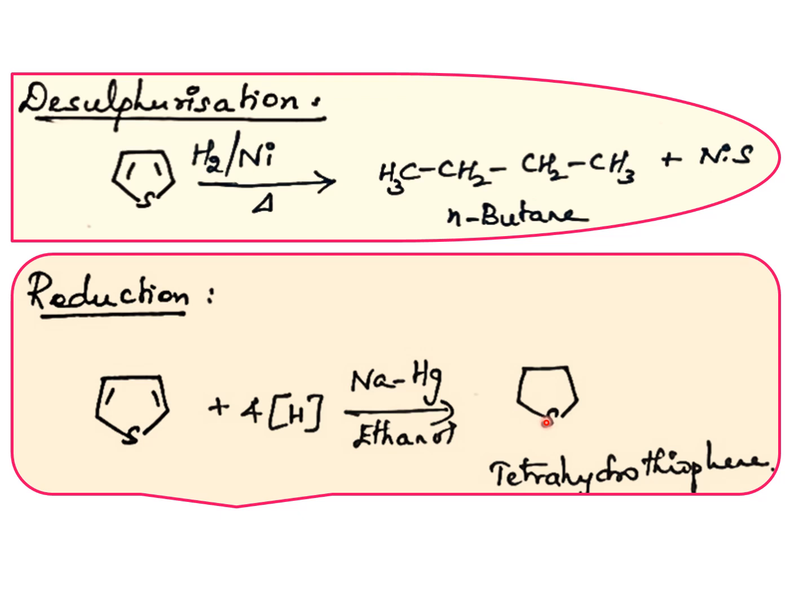In furan, we had seen that furan is reduced to tetrahydrofuran, which can be used as a solvent for various organic conversions. Similarly, thiophene can also be reduced to tetrahydrothiophene. This tetrahydrothiophene also can be used as a solvent for various organic conversions.